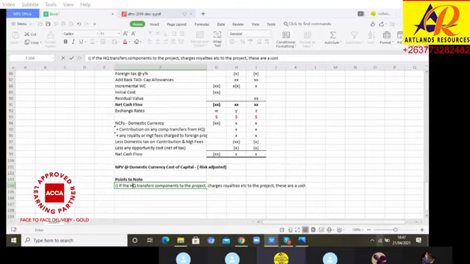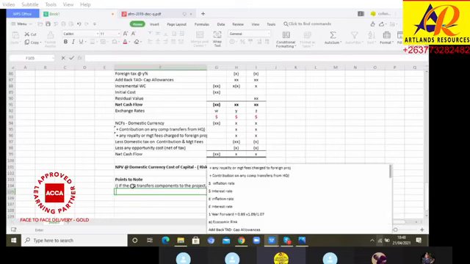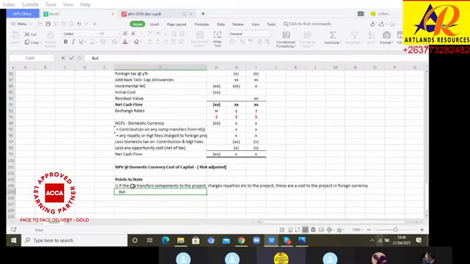These are a cost to the project in foreign currency, in forex, let's say foreign currency, but are then added to domestic currency cash flows, net of domestic tax.